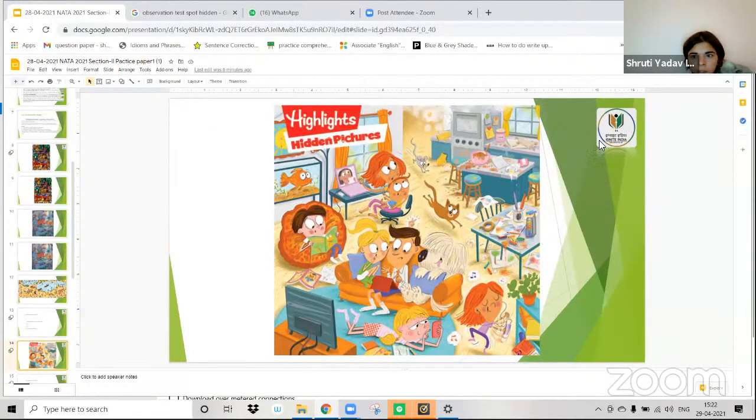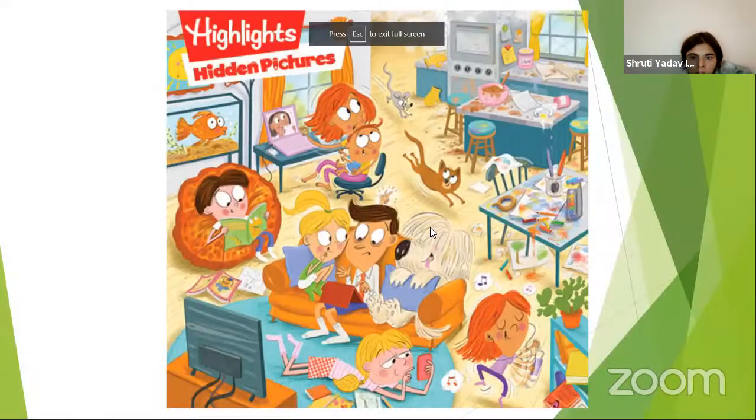Come to this particular one. I've taken it from a children's book. The elements you will find will be hidden in other forms.